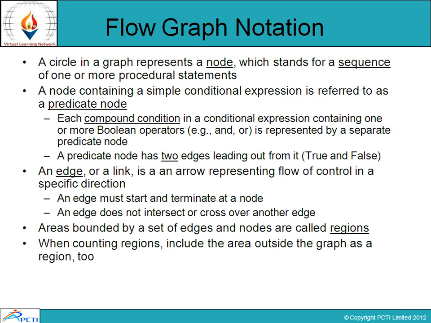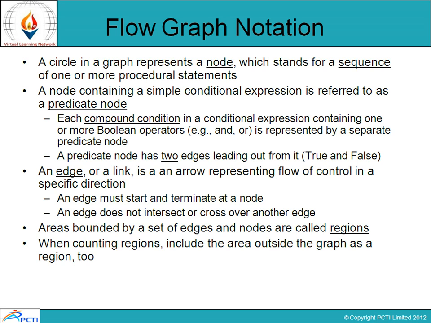Flow graph notation. In the flow graph notation, they check the data flowing from the start to the end, and all stages where the data flows need to be checked. Some notations are made for the flow graph.